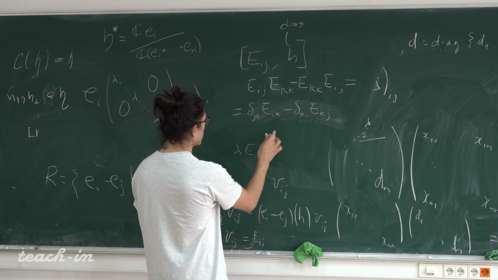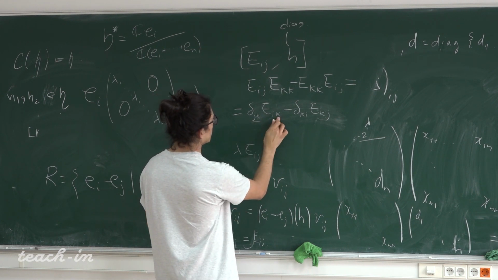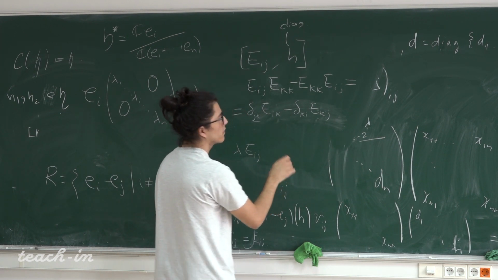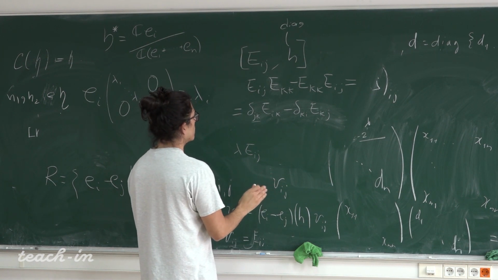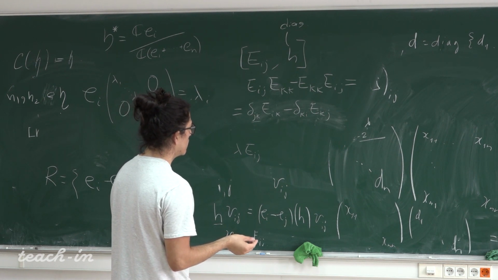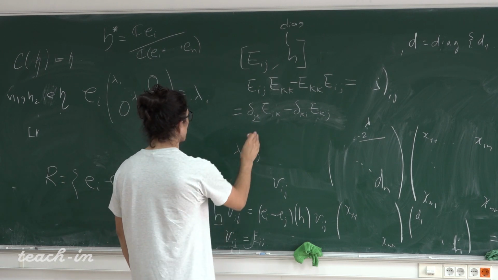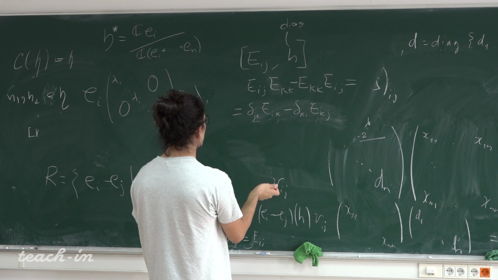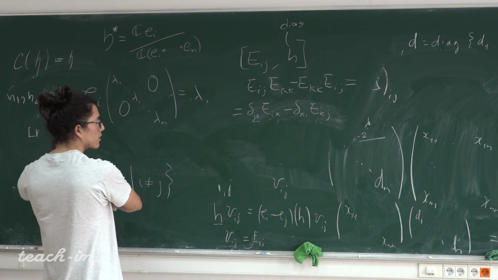I think yes, because this will be 1, so this has to be j. This will be 1, so this has to be i. So it has to be an eigenvector in some way. Always, so just to see that it's, in both cases it can be represented as this one.